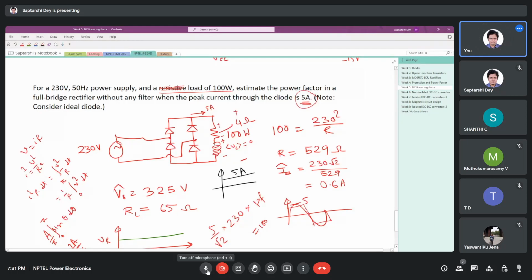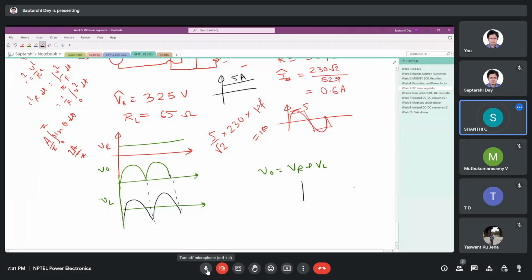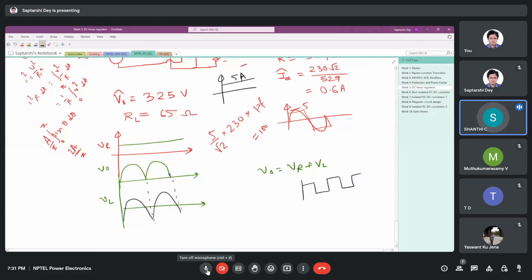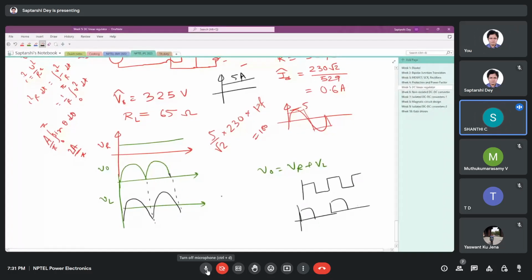So what you have is the voltage across the load resistance, which is constant because the current is constant. The input current is square, and at the load it is DC. If the load current is DC, then input current will be square. The current flowing through the diode is a pulse, a positive pulse in D1 and D3.